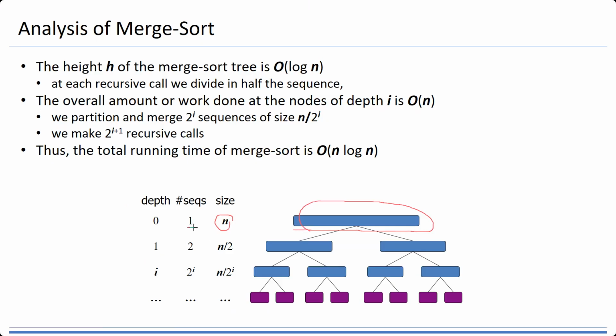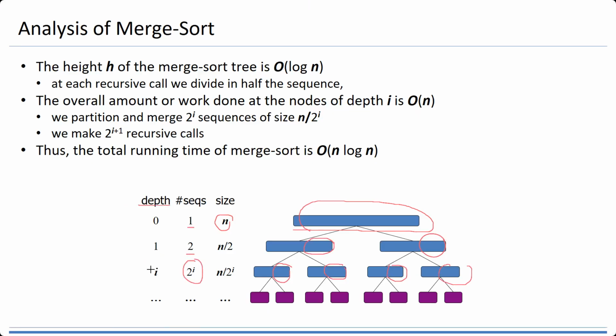this will have one sequence. What about here? We have two sequences, 1 and 2. What about here? We have 4 sequences, or we call this 2 to the power of i.